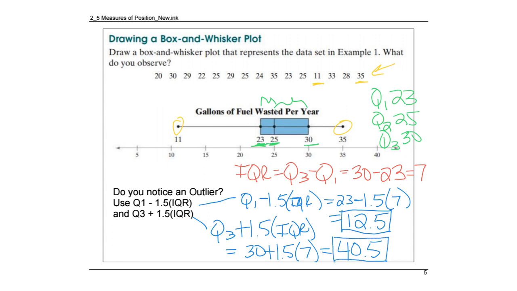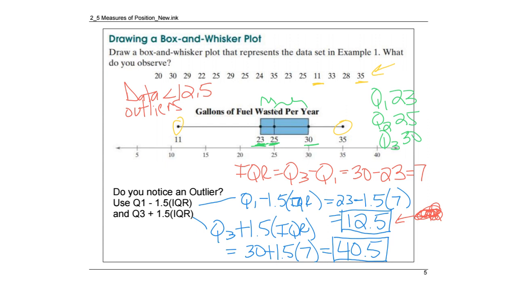So what this is telling me is that if I have any data values less than 12.5, those are going to be outliers based on my formula.